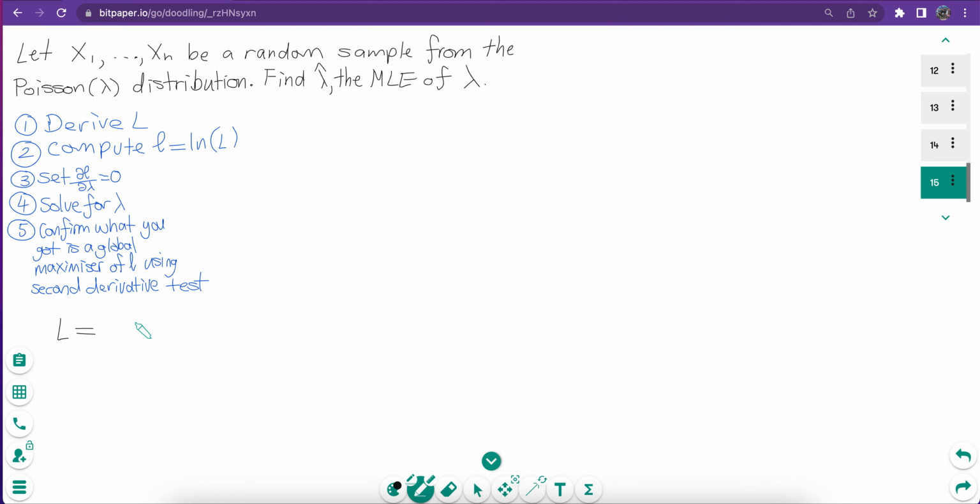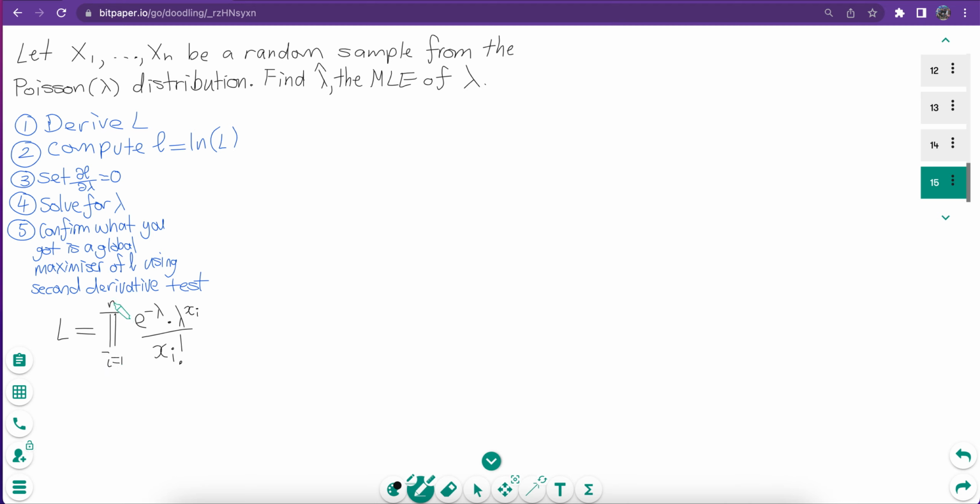From any textbook, you'll see that the probability mass function for a Poisson random variable is e to the negative lambda times lambda to the x over x factorial. And because we're doing this for all n of our observations, we have to look at each individual xi and take its product from i equals 1 to n.